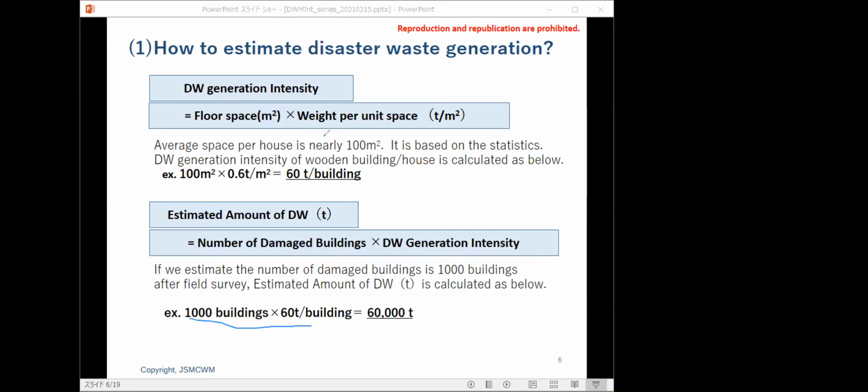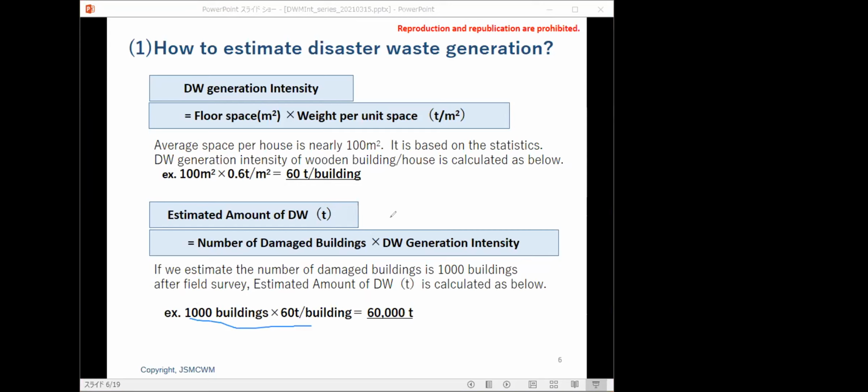The answer is 60,000 ton in one disaster. This is just a simple example, but maybe most participants understand this calculation.